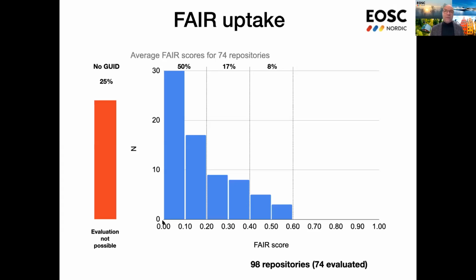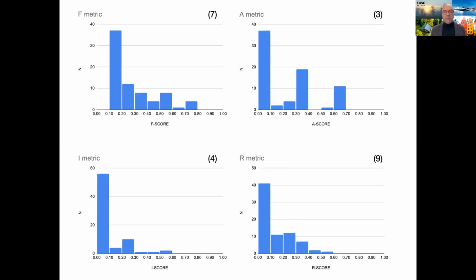And I should add also that these evaluator tools that are available today do have their limitations, and they're also early on in their development. So clearly there are limitations to what they can test, but what they do investigate, the results are fairly objective. So these are the same results, but split into the findability, accessibility, interoperability, and reusability metrics separately.